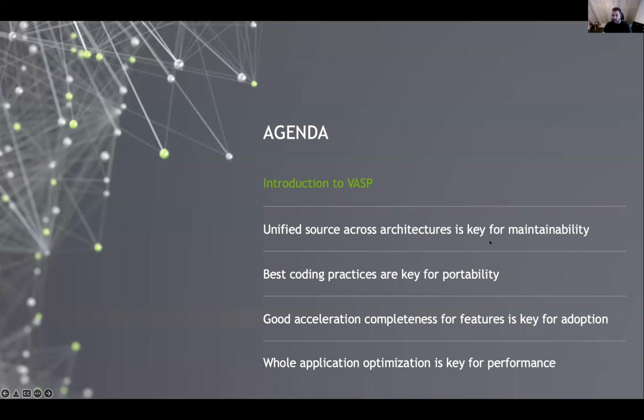Following best coding practices is key for good portability and good acceleration. Completeness for the features that your code offers is key for good adoption in the community. And my final point is that whole application optimization is really the key for good optimization.